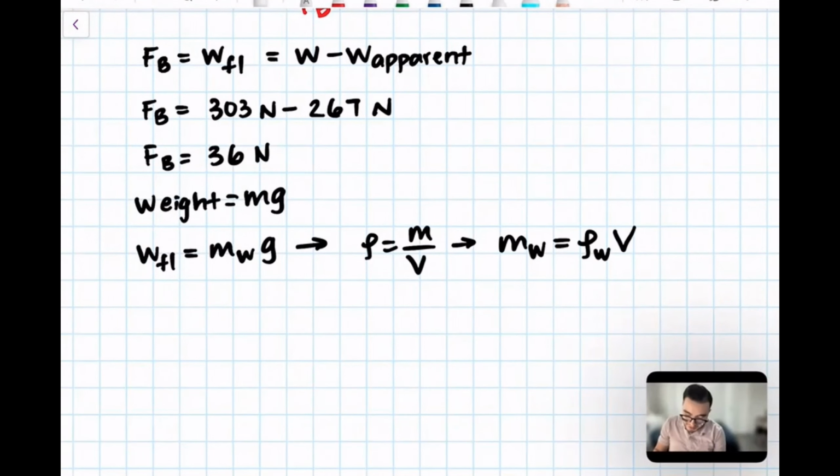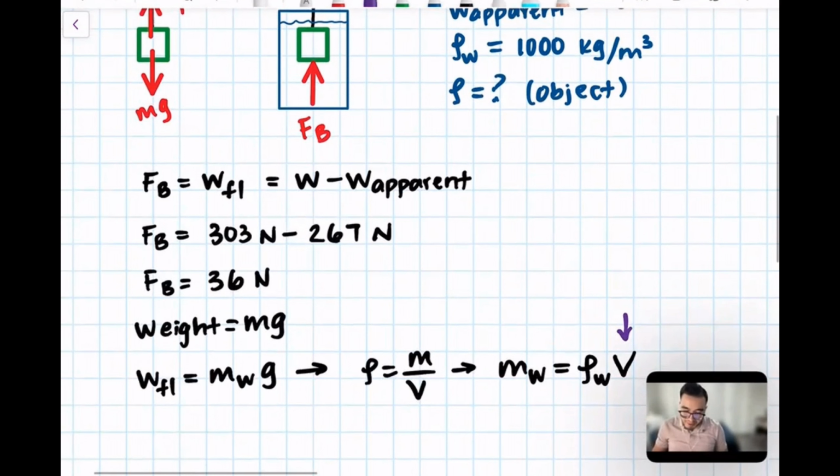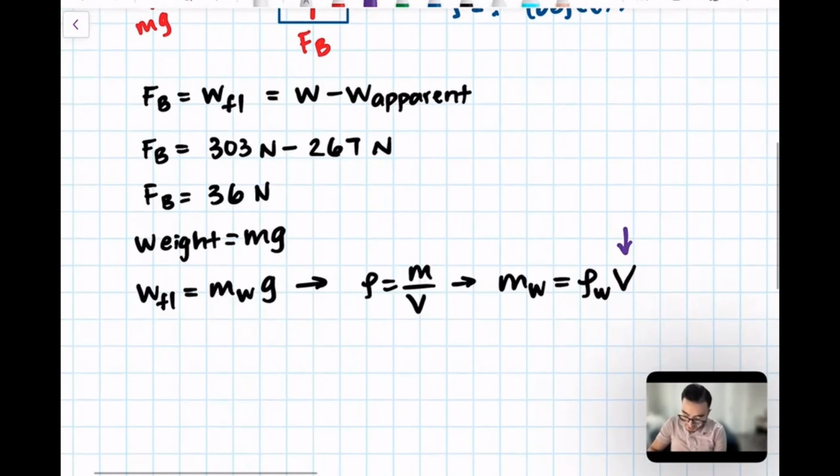And this is great because this volume is the volume of the water that was displaced. Well, how much water was displaced? The same volume as the object. So if we find the volume for the water, we're going to find the volume for the object.